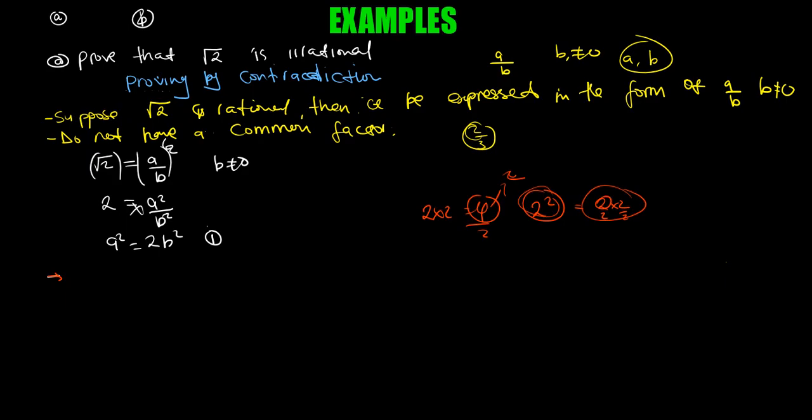So you say this is equation 1. You give now another statement. We see that a squared is what? Is an even number. All right, hence it is what? It is perfect.